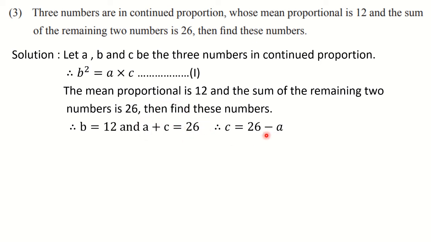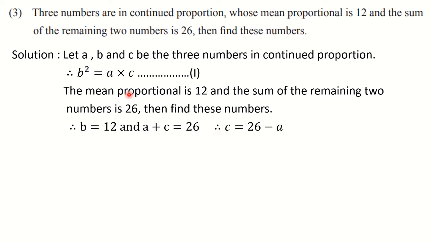C is equal to 26 minus A. I am writing C in the form of A. Why? Because see, here I know the value of B, but here I have two unknowns. So it is difficult to find out two unknowns. So one unknown we are expressing in the form of other. That means C I am expressing in the form of A.